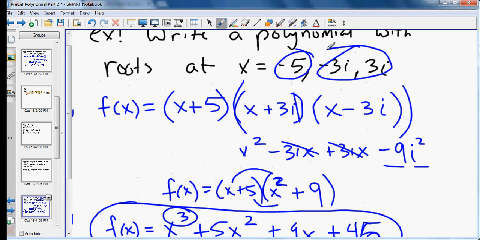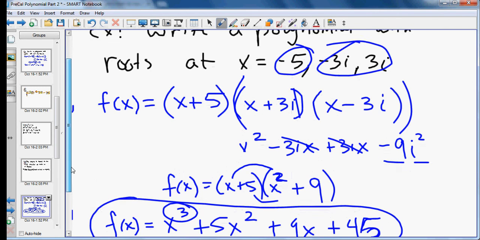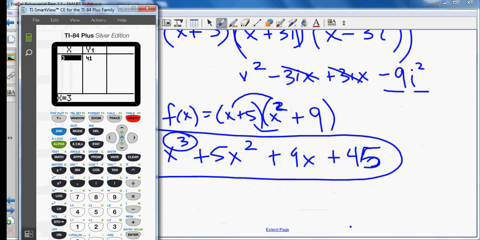We can also use a graph to help us with this, because if we graph this equation, x cubed plus 5x squared plus 9x plus 45.